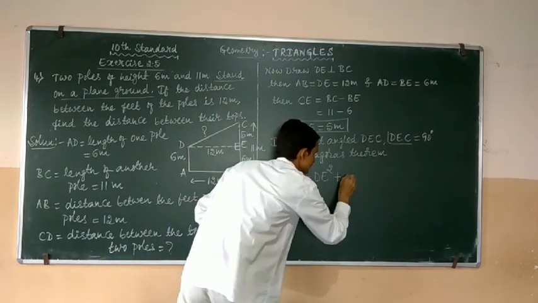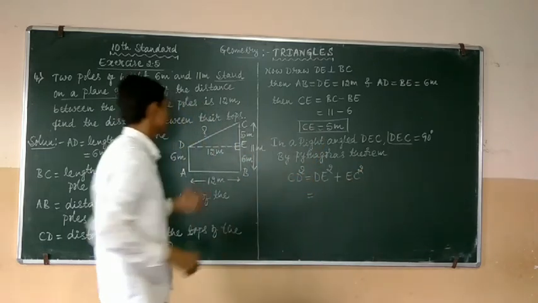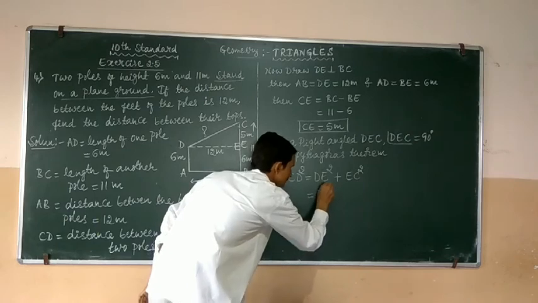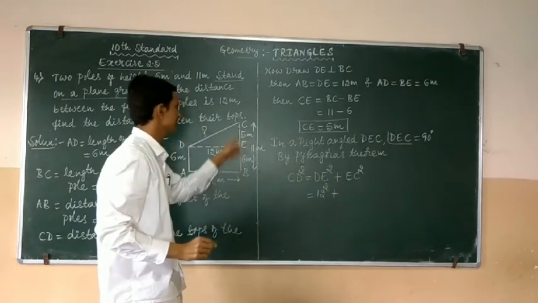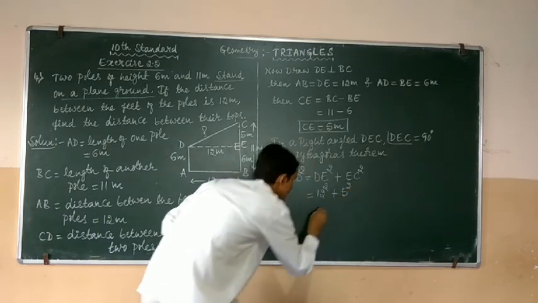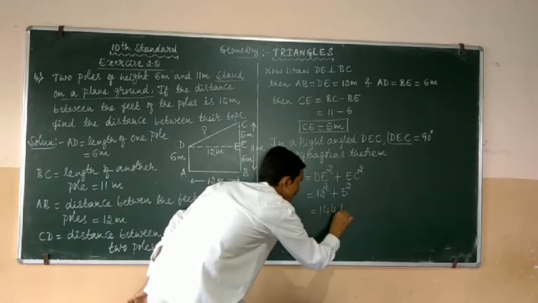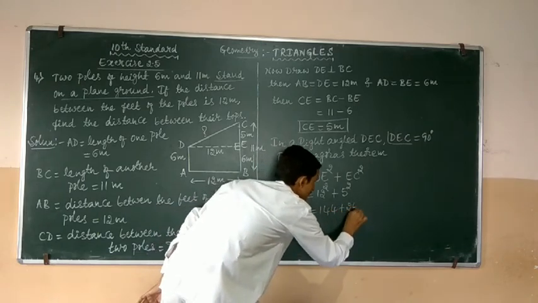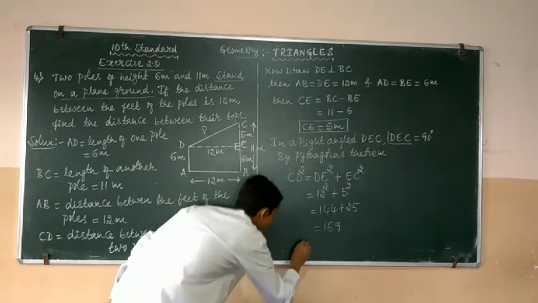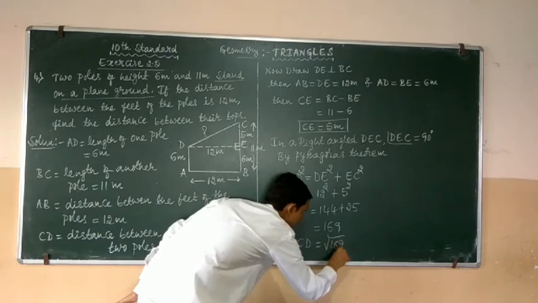The length of DE is 12 square plus the length of EC is 5 square. 12 into 12 is 144 plus 5 fives are 25, which is equal to 169. So CD equals root of 169.